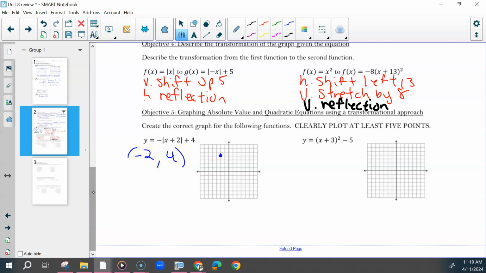Because I know this is an absolute value, and the only real transformation besides it moving to the left and upward, I'm right here. Okay. It reflected, so the points are going to be the same. It's going to go, instead of up 1, right 1, down 1, left 1. And then do that twice.